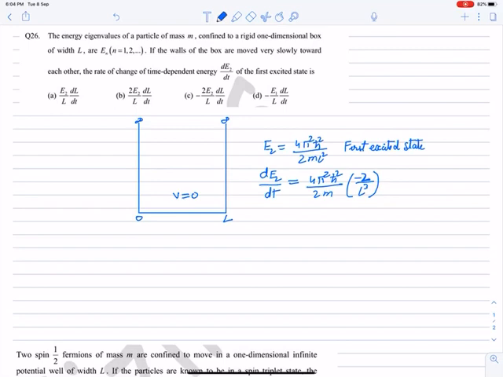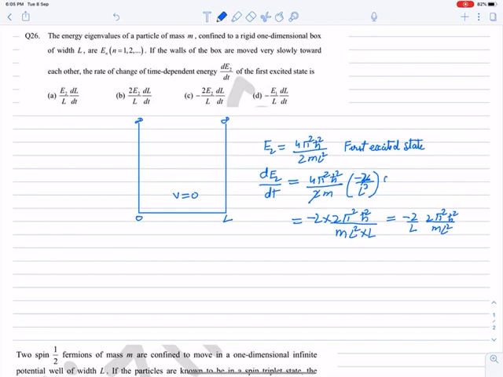So now what we can do, we can cancel this 2 and write it as 2 into 2 pi square h cut square upon m L square into L. If you clearly see this, we can also write this as minus 2 upon L, into 2 pi square h cut square upon mL square.